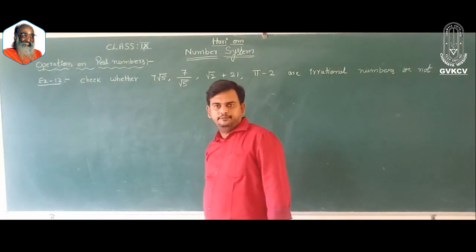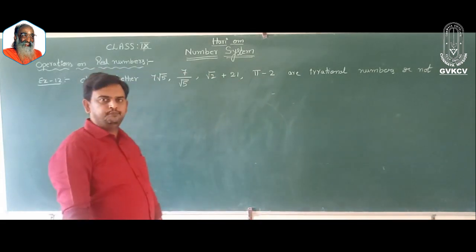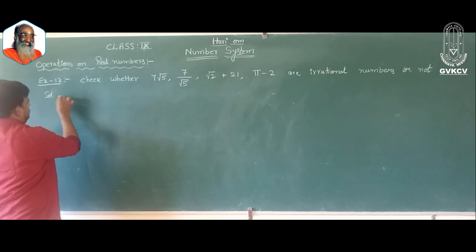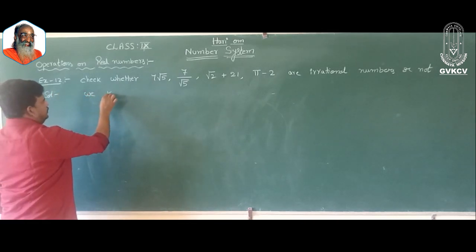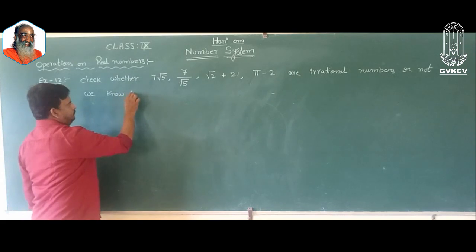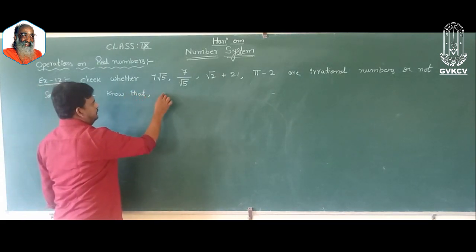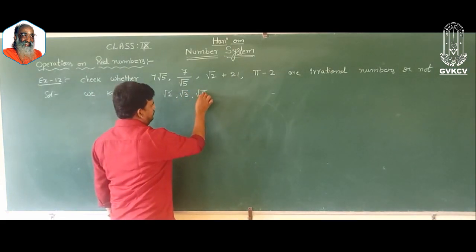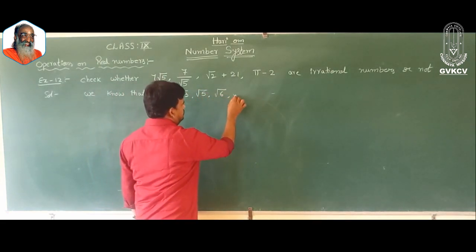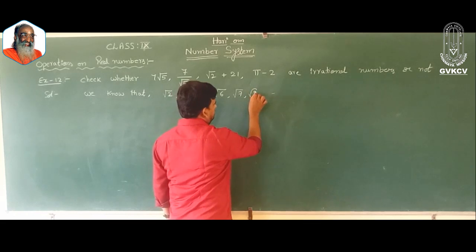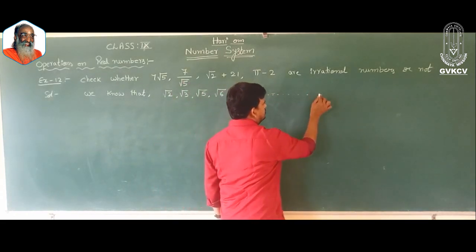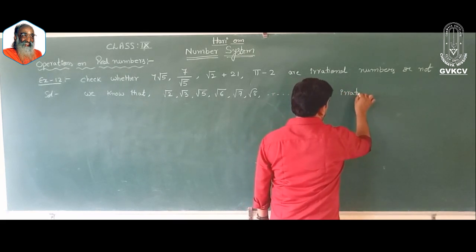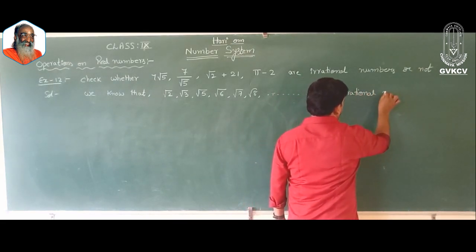As we know, root 2, root 3, root 5, root 6, root 7, root 8 and so on are irrational numbers.